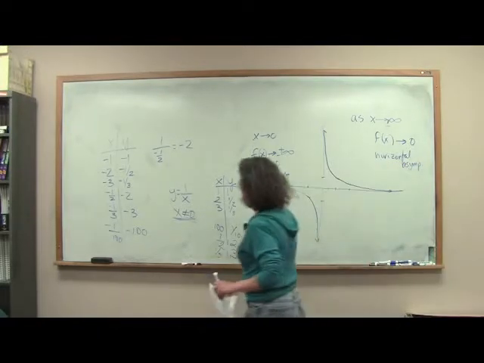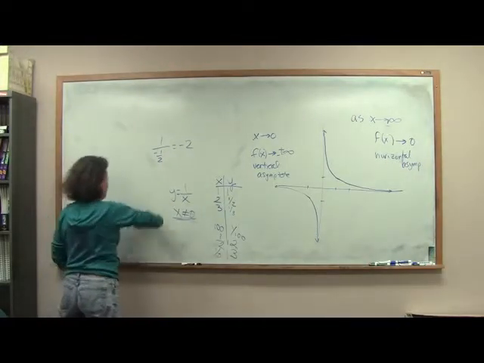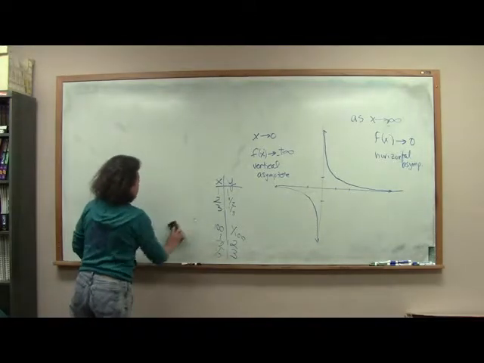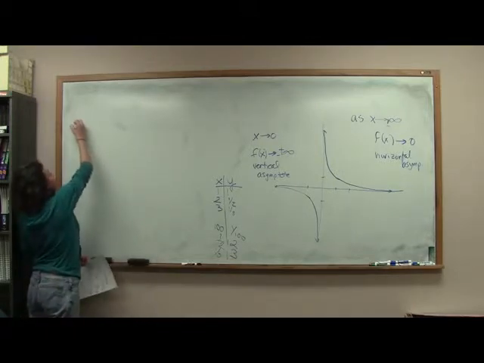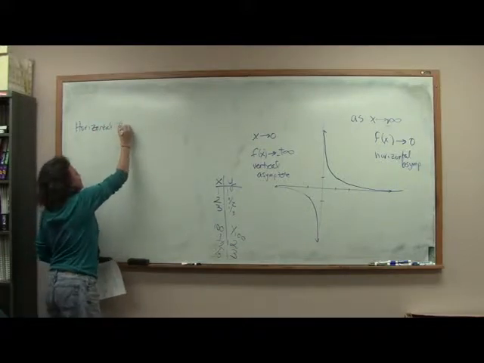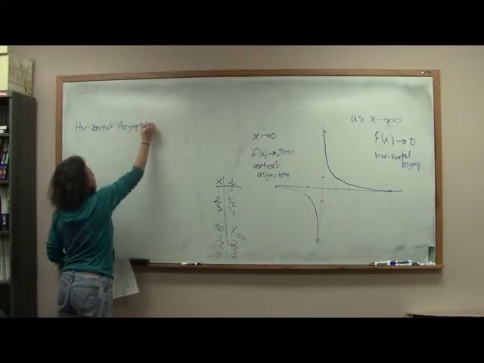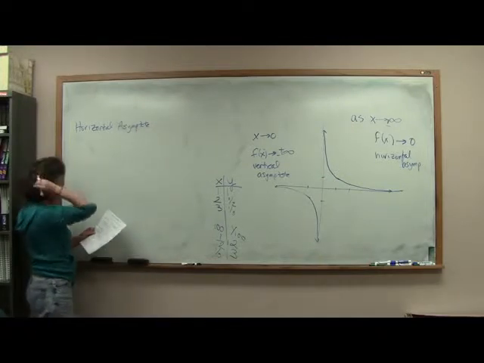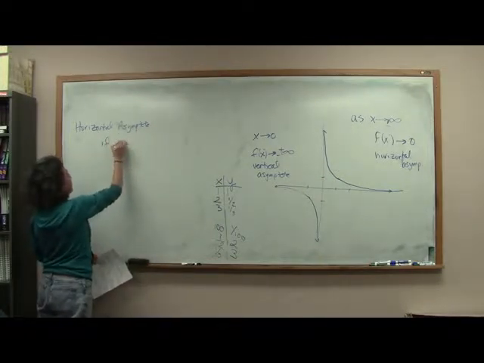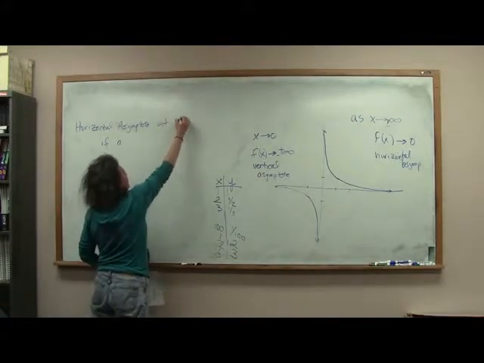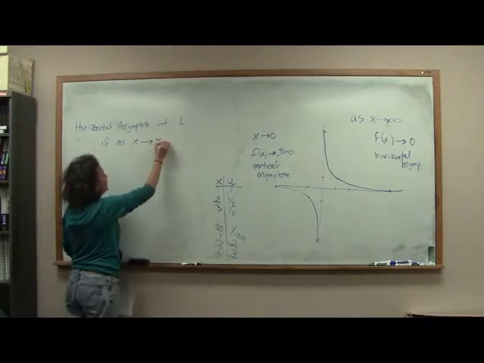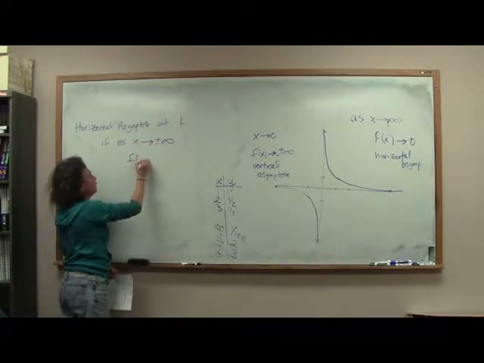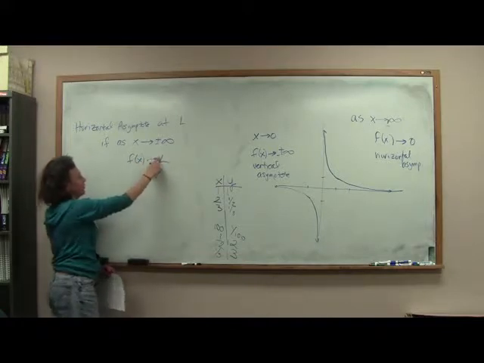So let me say this. What I would like to do is tell you that you have a horizontal asymptote if, say at the point, I'll call it L, as x goes to positive or -infinity, your function values approach that.